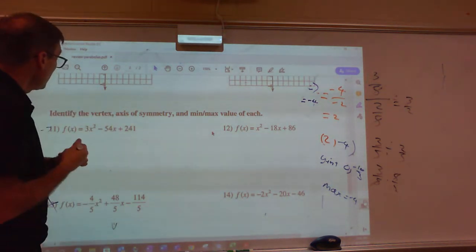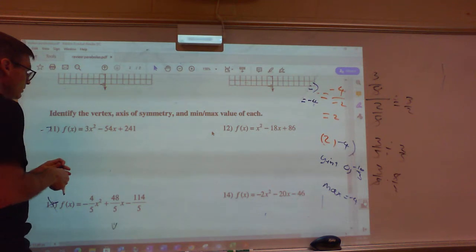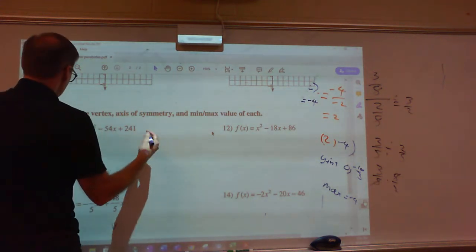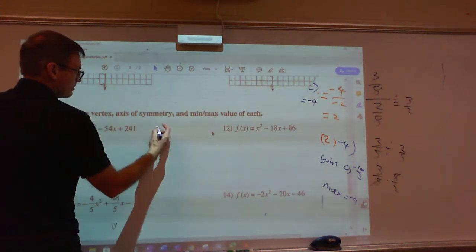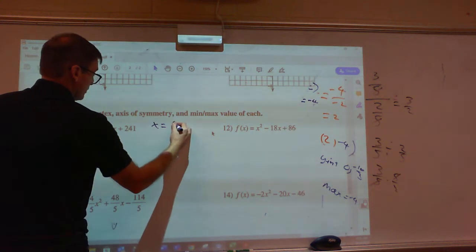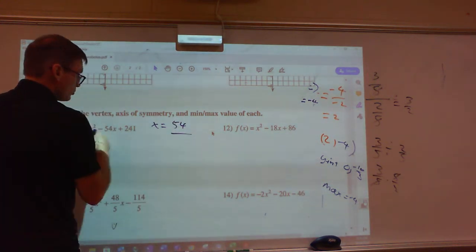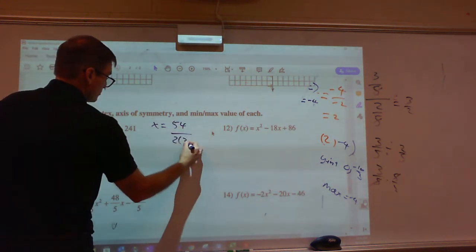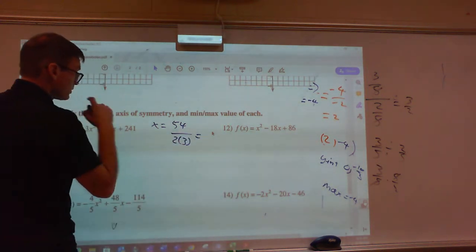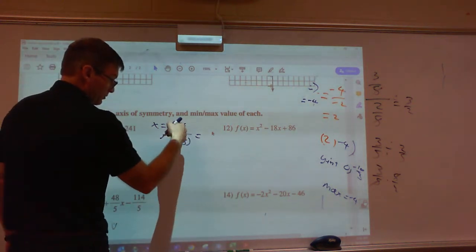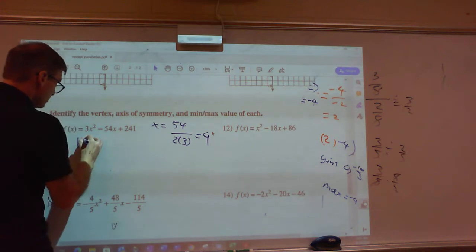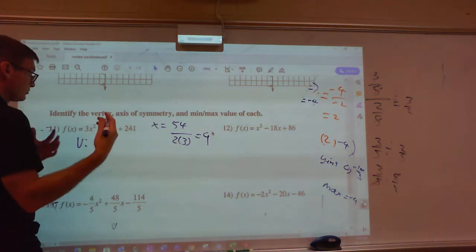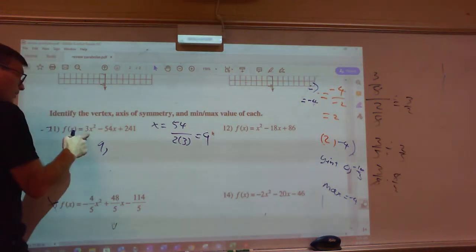So to identify the vertex, let's do negative b. So the x part is going to be 54 over 2a, which is 2 times 3. So I end up with my x part, let's see, 54 divided by 6 is 9. So my vertex is going to be 9, comma, I've got to find the y value.